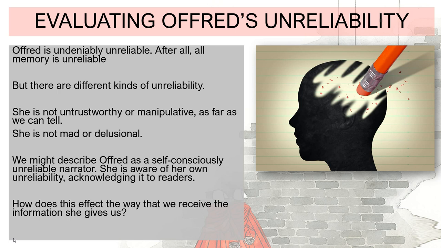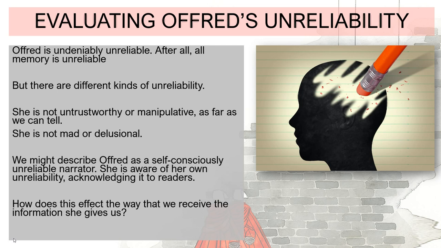We also don't get that she's mad or delusional, in that she is self-aware. She's certainly sane enough to know that she can't present these events as accurately as perhaps she would otherwise. So she has this self-awareness to her own unreliability. And with that in mind, it's probably useful to describe Offred as a self-consciously unreliable narrator.